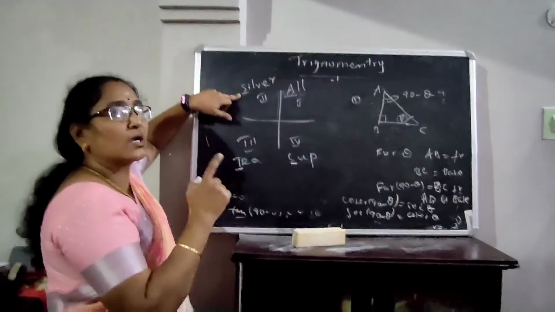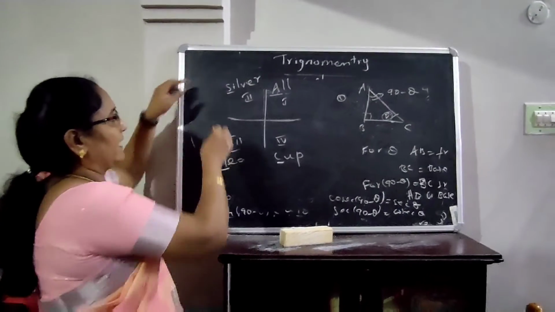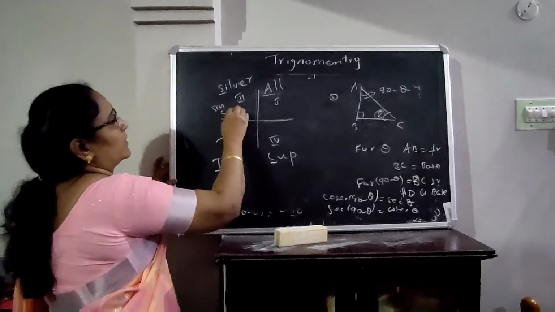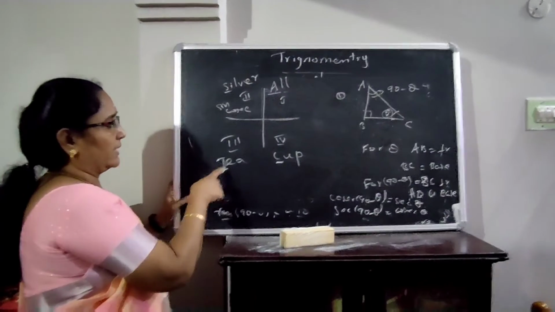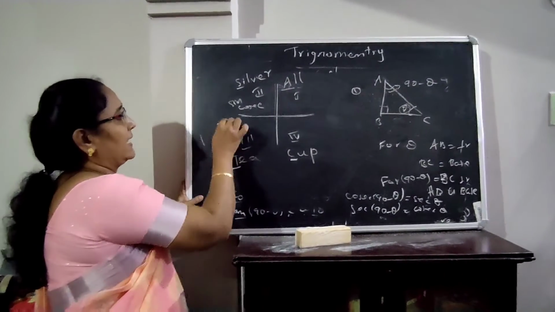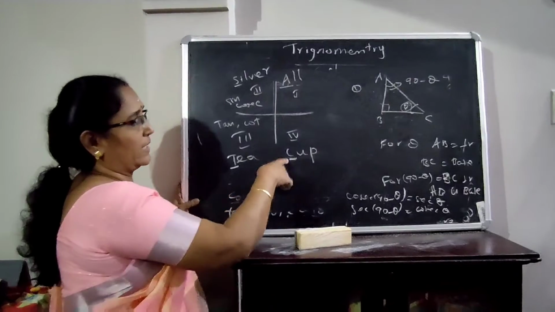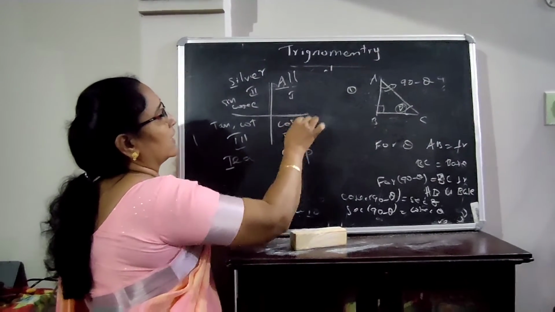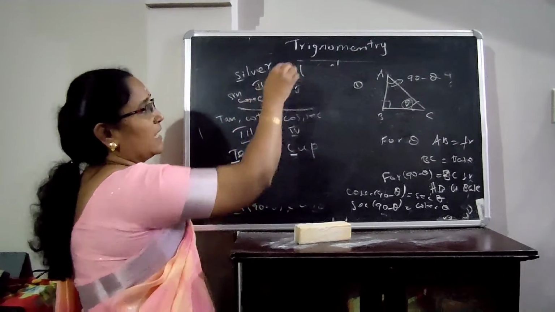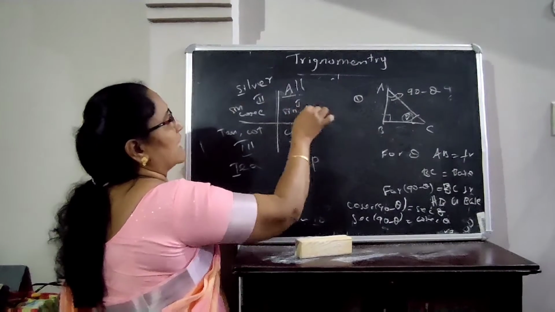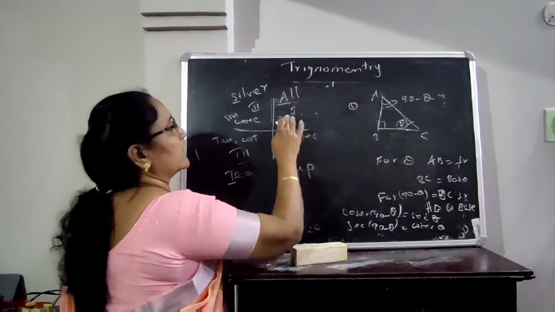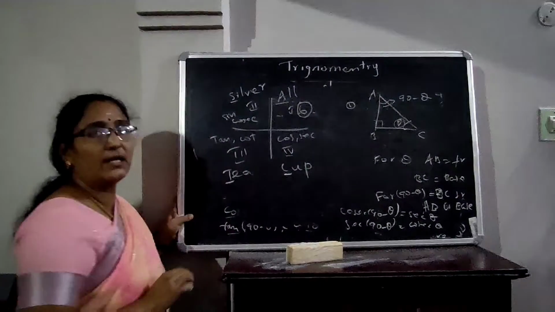In the third quadrant, tan and its reciprocal cot are positive. In the fourth quadrant, cos and its reciprocal secant are positive. In the first quadrant, all 6 ratios are positive.